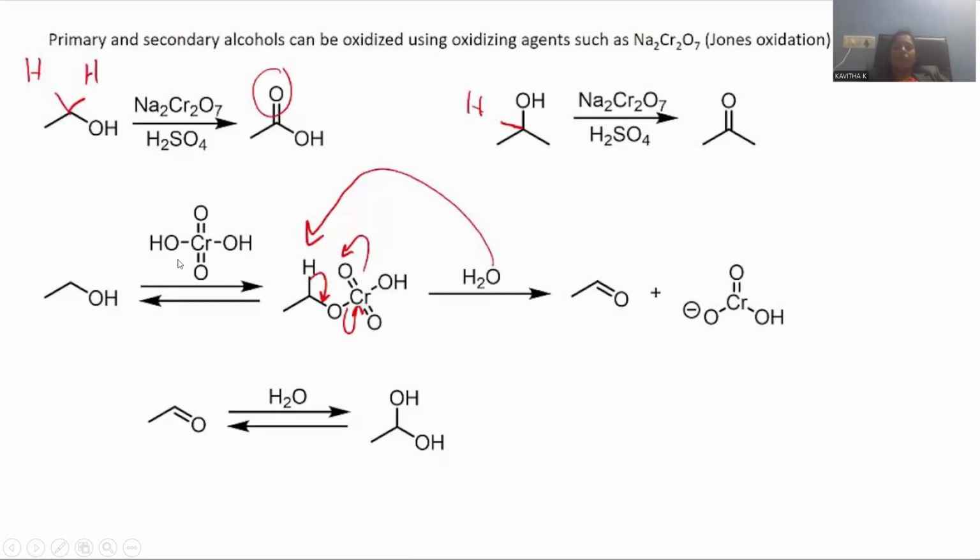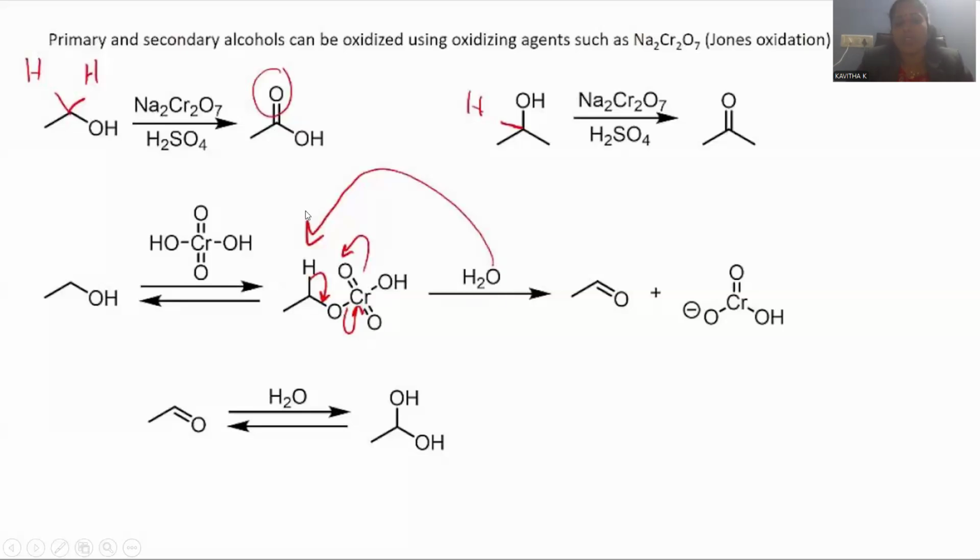Whenever a primary alcohol reacts with potassium dichromate, in situ production of chromic acid is possible. The chromic acid generated within the reaction is able to bond with the alcohol in this manner, and a chromate ester generation is possible. Just like the manganate ester we discussed, here the chromate ester formation is possible.